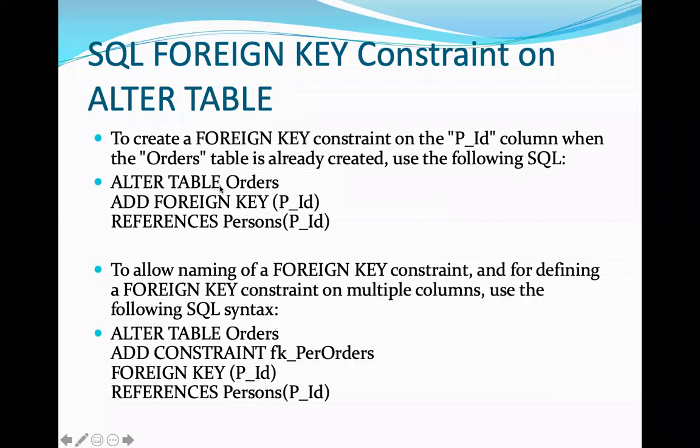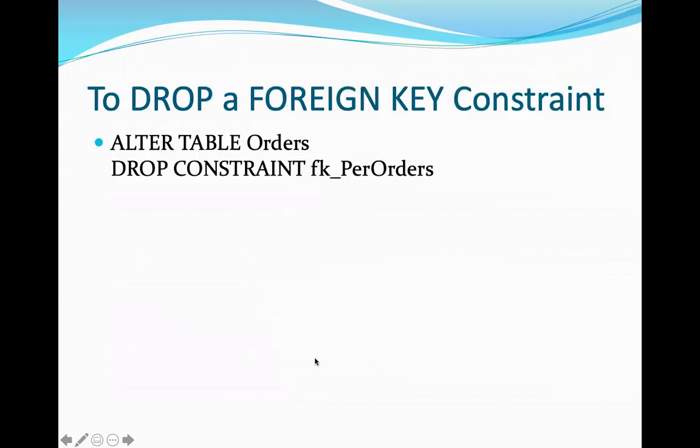We can later on add the foreign key constraint with the help of the alter command also, with this and with this. Here there is no constraint ID or constraint name. Here we have this constraint name. We can always drop the foreign key with the help of the constraint name.